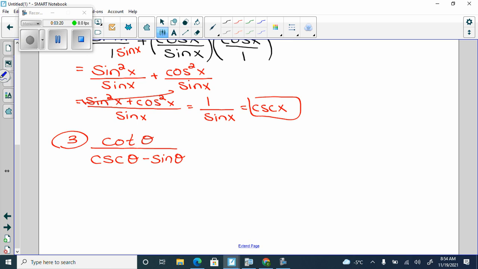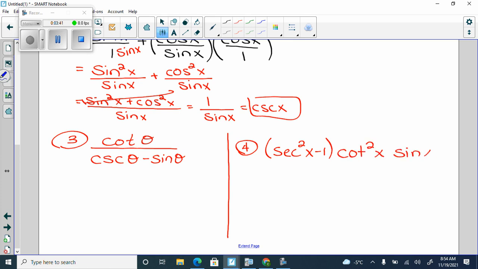And then you're going to try secant squared x minus 1 times cotan squared times sine x. Try those out.